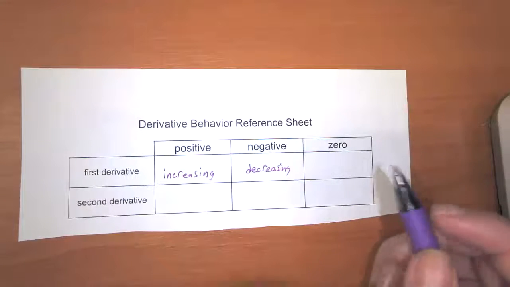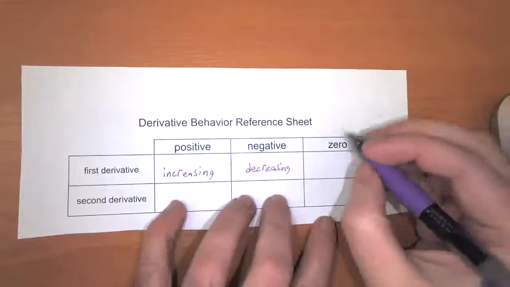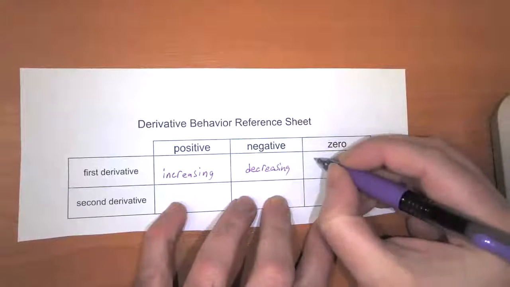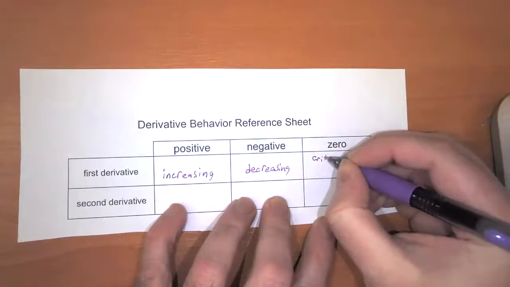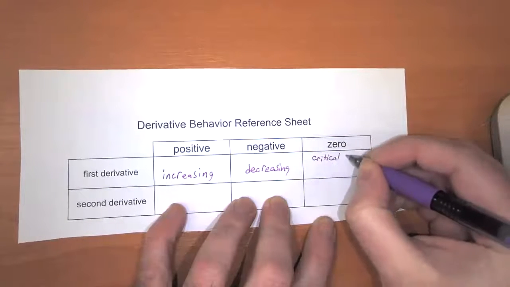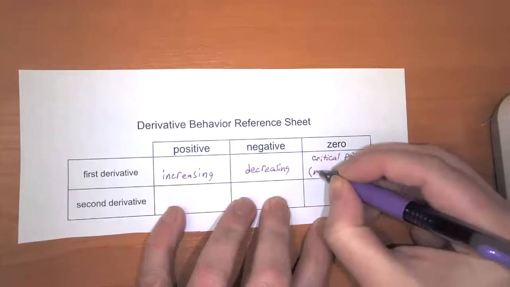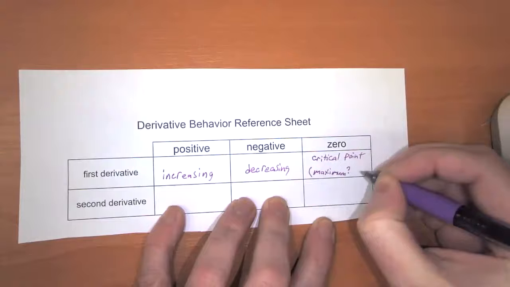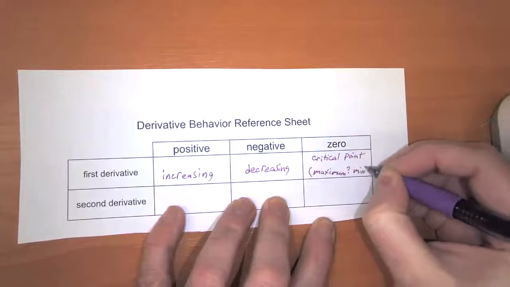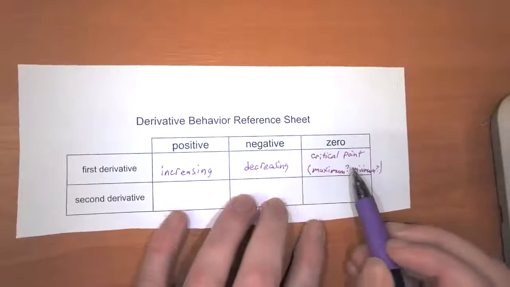And when the first derivative is zero, again, I'm going to put off more complicated discussions about this, but we will call it a critical point. And then afterwards in parentheses, I will say maximum, minimum, because sometimes it'll be one or the other.